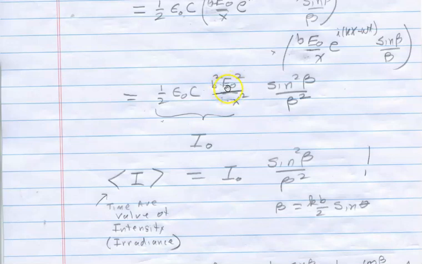The dimmer it is, the smaller it is. X is a constant for our detector that's rotating around that central point, so it's always the same. And so all of this is just a bunch of constants for a given situation. And I lump all those into one lumped constant of I naught. Doesn't change for a given experimental situation.